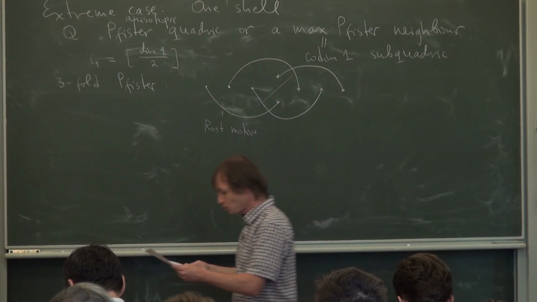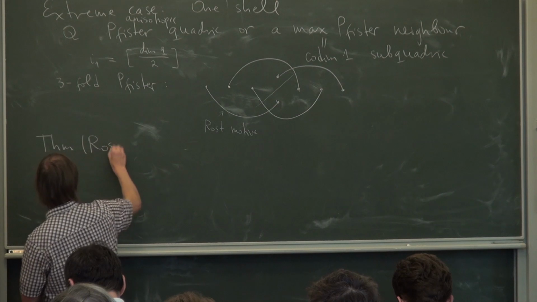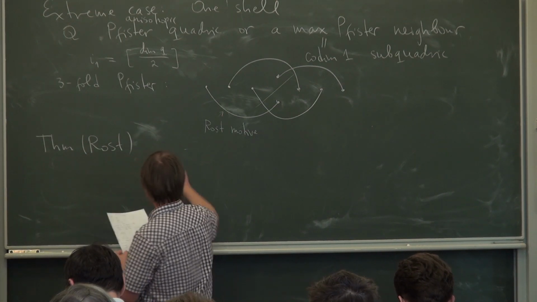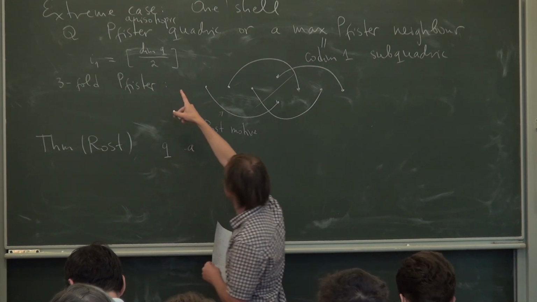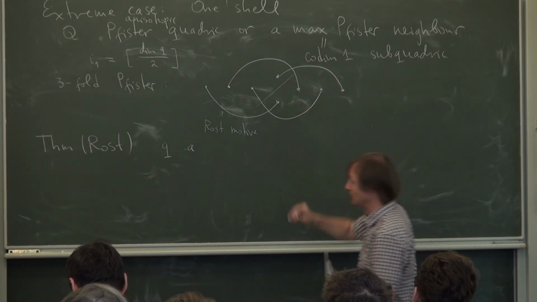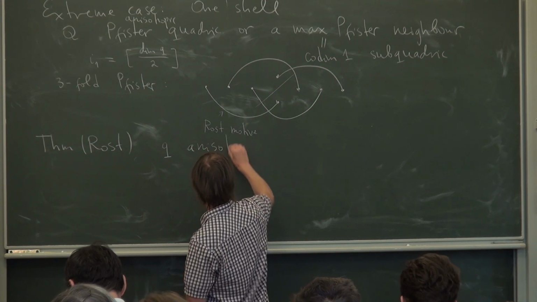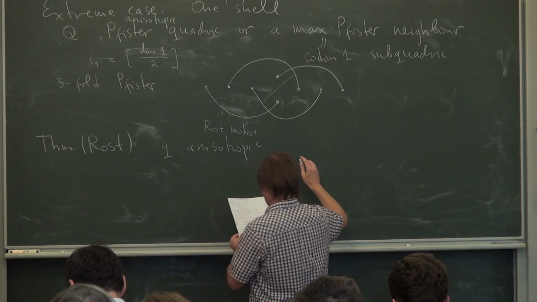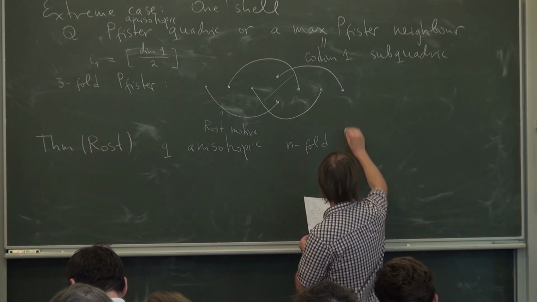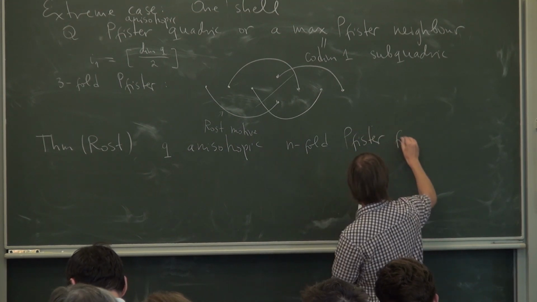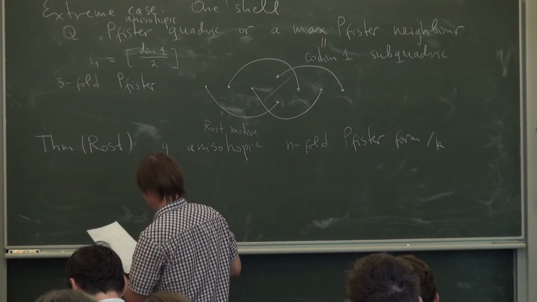So it will be a theorem of Rost. So that if Q is, so let me do just the Pfister case. So it's the even dimensional case, and maximal Pfister neighbor is the odd dimensional case. So let me do the most complicated one. So let Q be an anisotropic n-fold Pfister form over our base field, or a maximal Pfister neighbor.